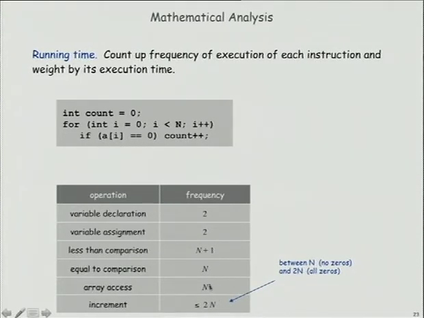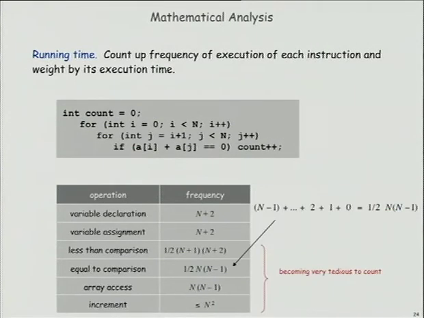And the increment operation, how many times will I do this? It depends on when I actually increase this. If a[i] is equal to 0, then I will increment. So that should be smaller than 2n, but not more than that.